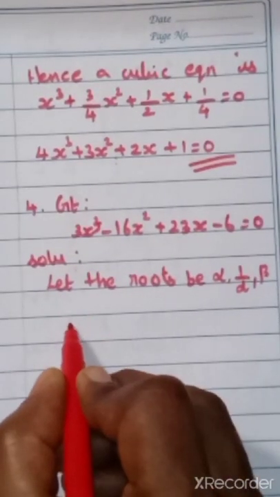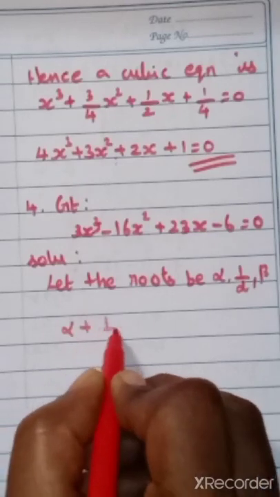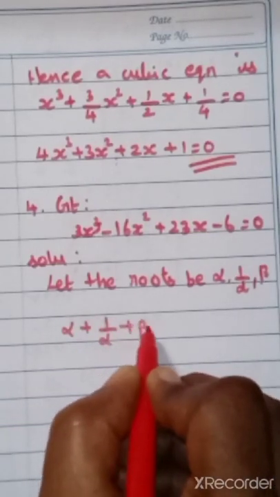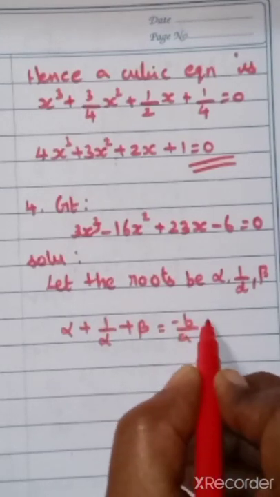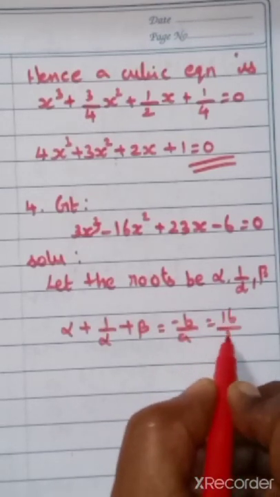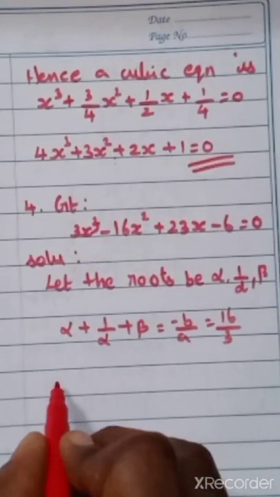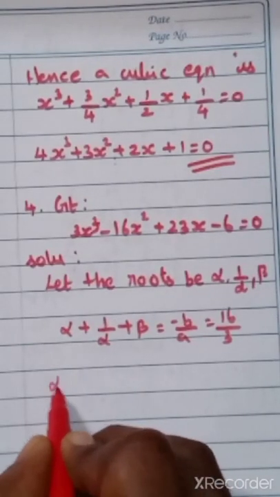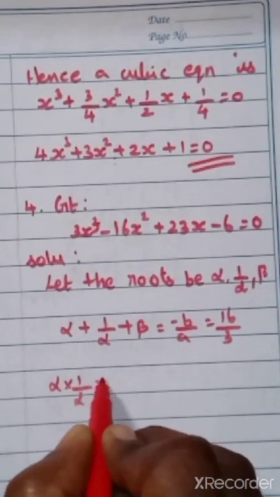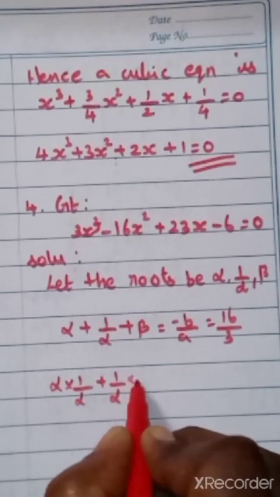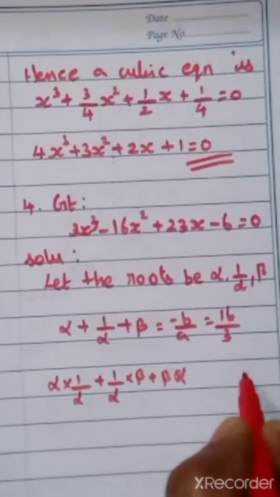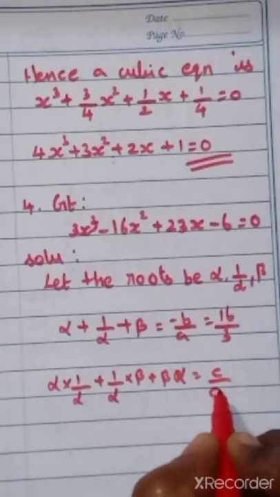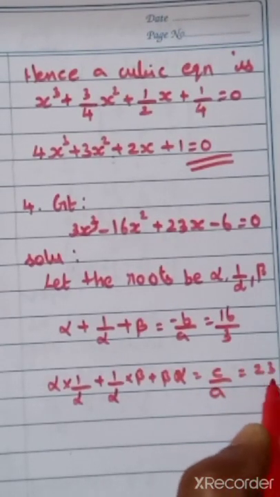Next, sum of single root என்னென்ன? Alpha plus 1 by alpha plus beta, which is equal to minus b by a. Correct? அப்போது 16 by 3. இதுதான் ஆன்சர். நெக்ஸ்ட், சம் ஆஃப் 2 ரூட் எடுத்தோம்னா alpha into 1 by alpha plus 1 by alpha into beta plus beta into alpha, which is equal to c by a. That is 23 by 3.